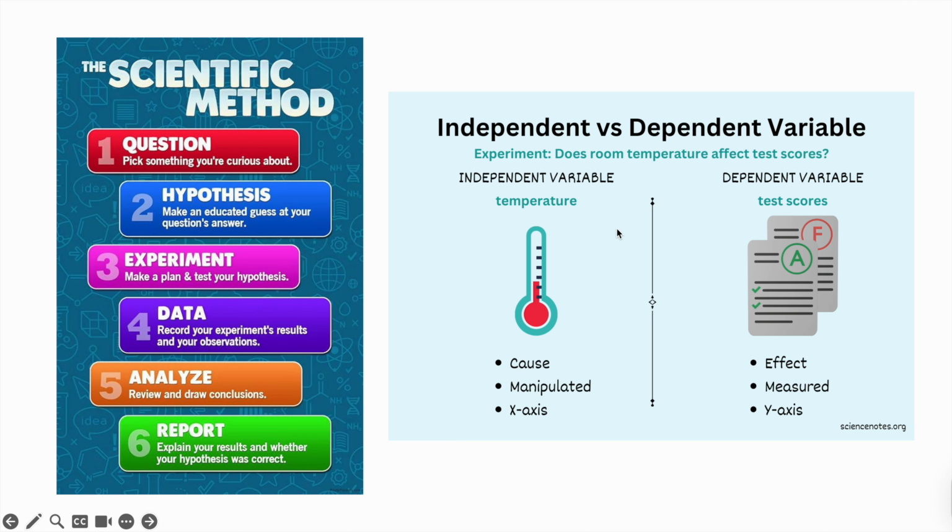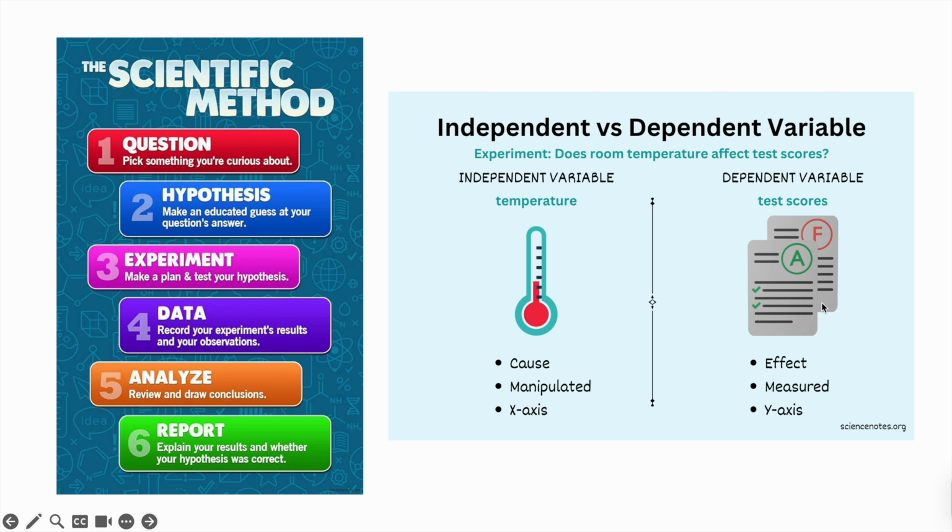That is what we are testing. That is what we are manipulating. And so this is the cause. So we look at cause and effect relationships when we look at independent variable versus dependent variable. So does the temperature cause the students to have good or bad scores? Are cold temperatures the cause of a good or bad score, or are hot temperatures the cause?